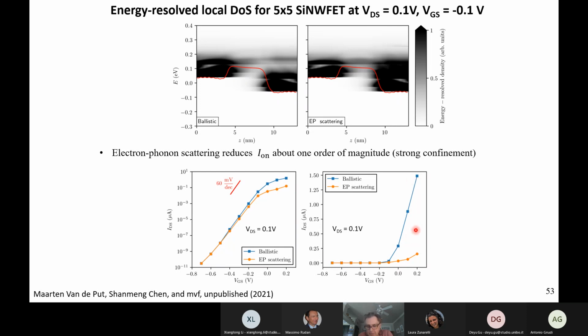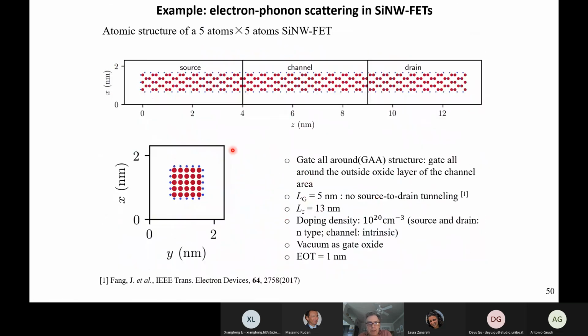So now you can ask, we said that the Pauli master equation is valid only when scattering is weak. Indeed, the problem is that for silicon nanowires, the smaller they are, the larger are quantum confinement effects in this tiny cross-section. If you remember the arguments that we saw for why the electron phonon matrix element increases as the thickness of a body decreases, in 2D is even more serious.